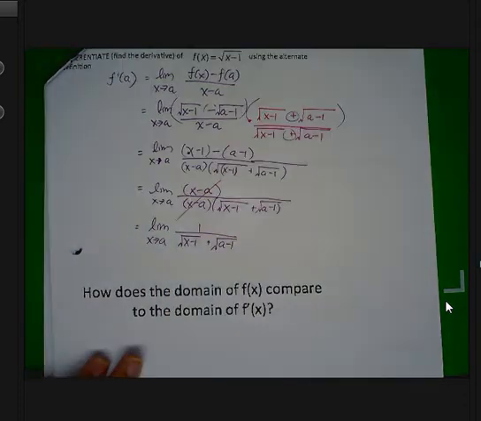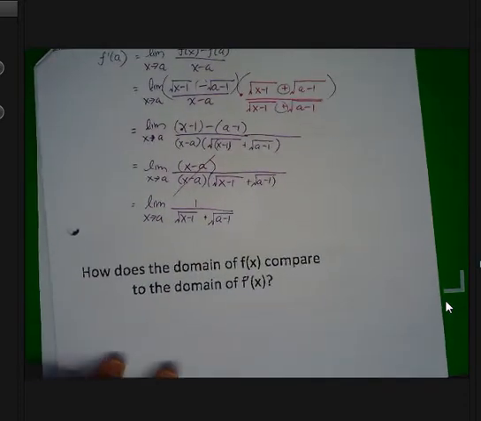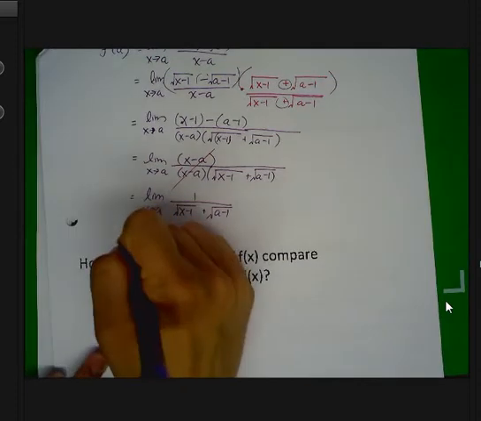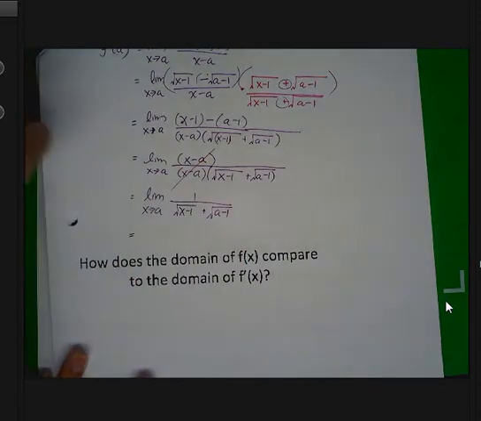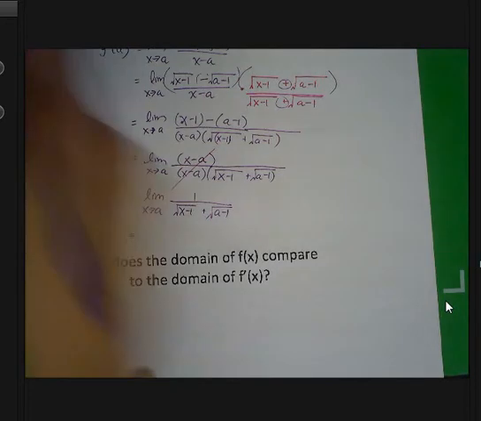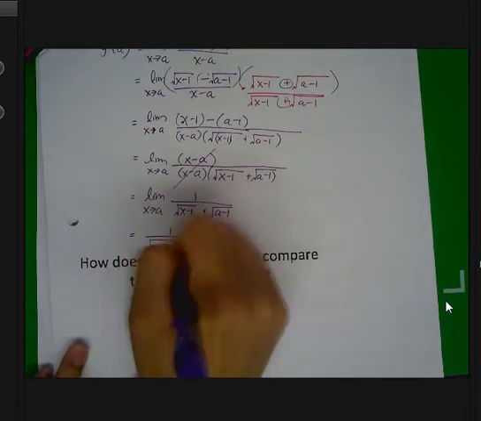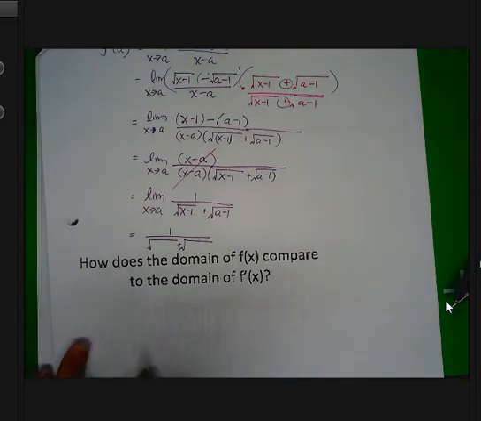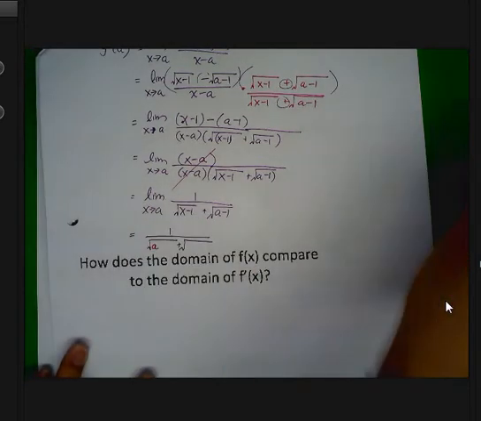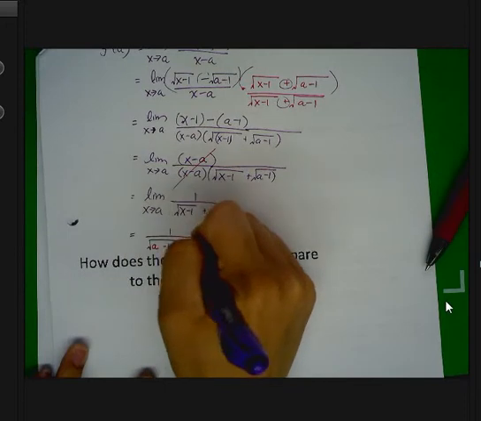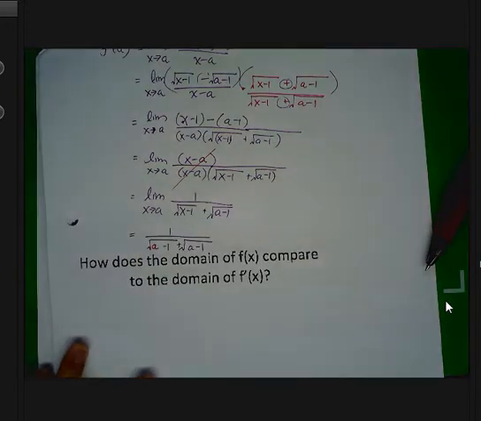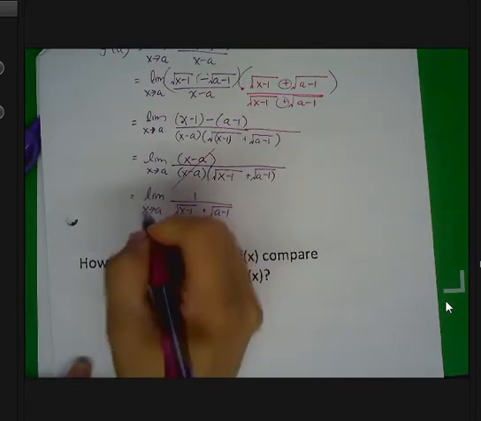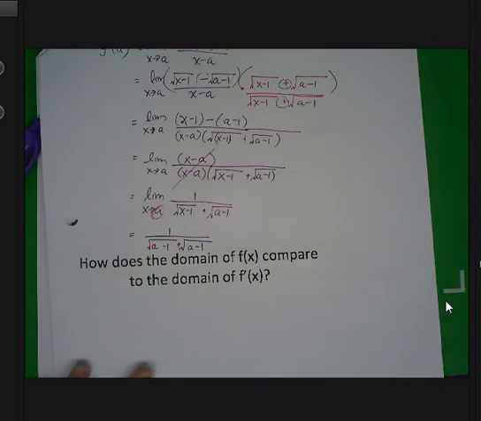And now, can I actually plug in? Substitute? Yes. So now, do I have to write limit? No. So now I could actually just say 1 over. Now, it's kind of confusing because you have two letters that both look like variables, but the x is going to take the a now. Basically I'm going to substitute a for all the x's.